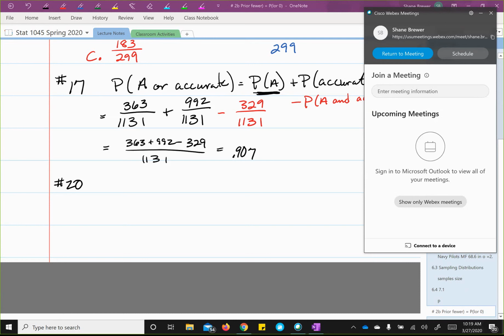Yeah, so if you look at the instructions, it tells you to round to a decimal, right? And so that's the thing you've got to watch for.